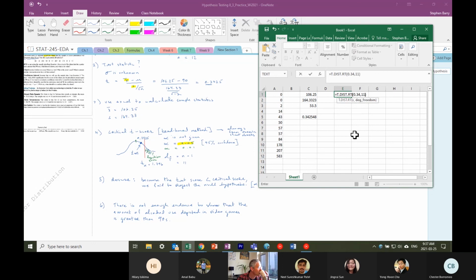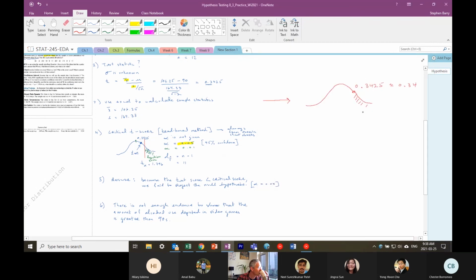See what happens here. So this is giving me the area to the right tail of a t-score of 0.34 and 11 degrees of freedom. That makes sense. And the value makes sense. So here we have basically 0.37 is right here. That's the area to the right of this value.